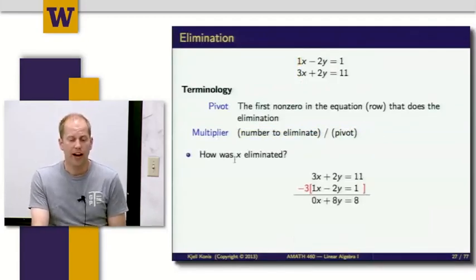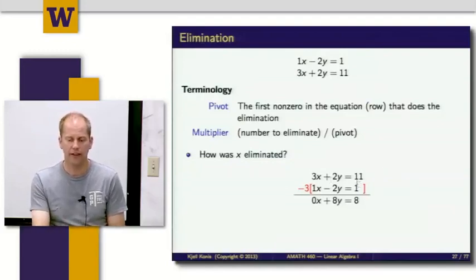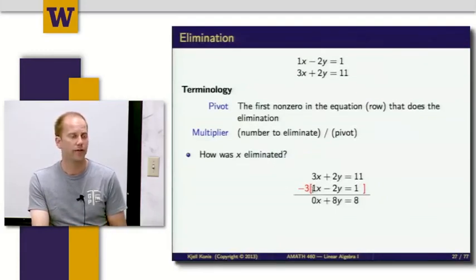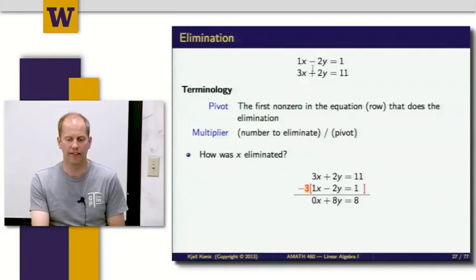And then if you think about what actually happened when I substituted that expression in for x, when I substituted x equals 2y plus 1, this is sort of what I was doing. I was adding negative 3x. So what I'm going to do is take this negative 3. The 3 is the multiplier I worked out. When I want to eliminate, I take negative my multiplier times the row that's doing my elimination, so that's this first row.